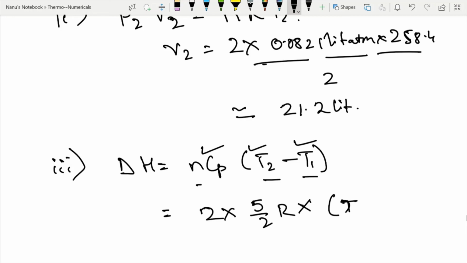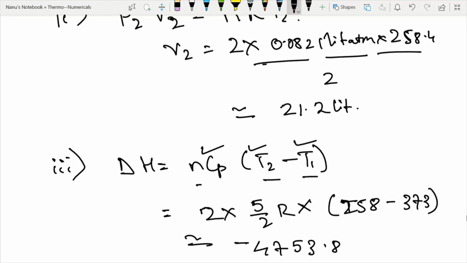T2 was 258 and T1 was around 373. Do this also, and my answer comes around minus 4753.87 joules. You will find it around this range.